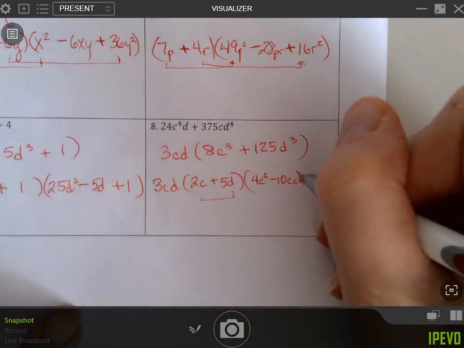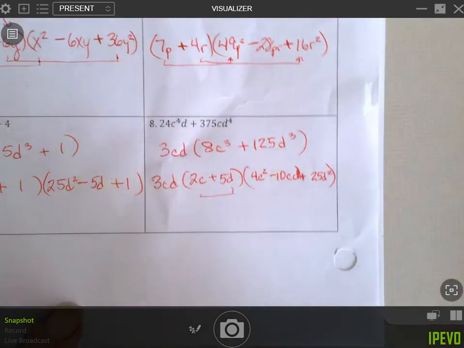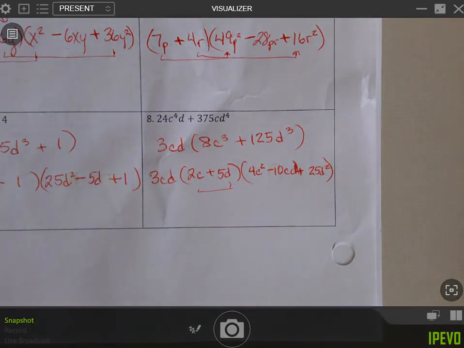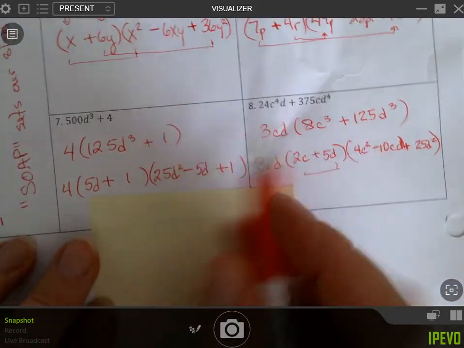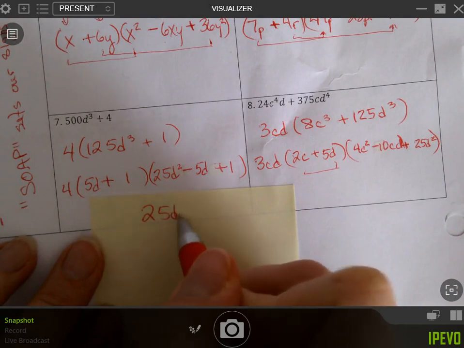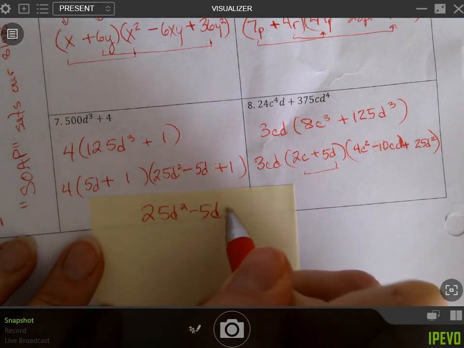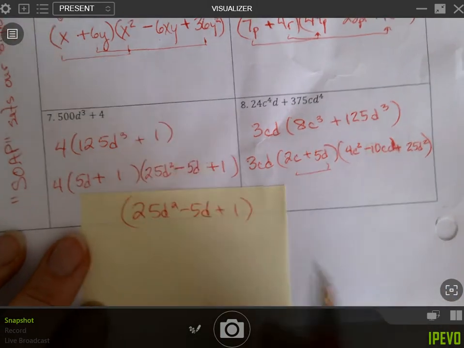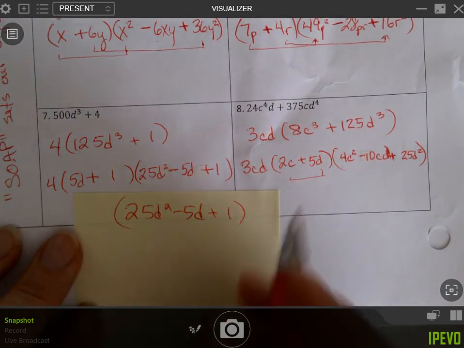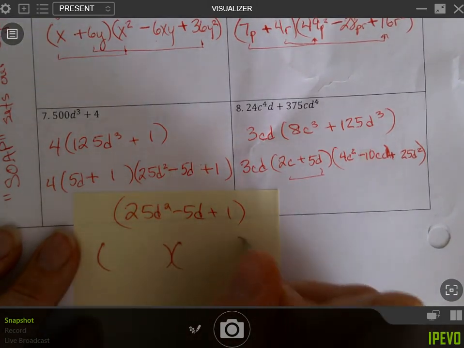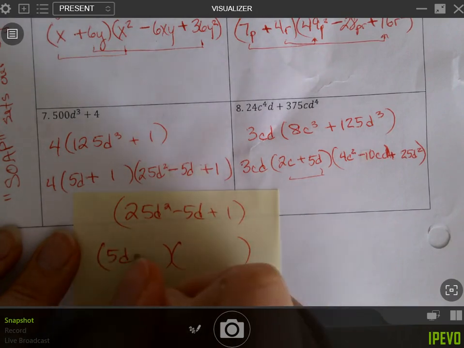Okay. There we go. Now, I know a lot of you want to ignore me and move on, but I want to talk about this. I want to do something more basic like number 7. Why does this not factor further, this 25D squared minus 5D plus 1? Because honestly, this looks like a perfect square. See how you have these powers here? Oh, I know. If I try to factor this, it'd be 5D plus 1.